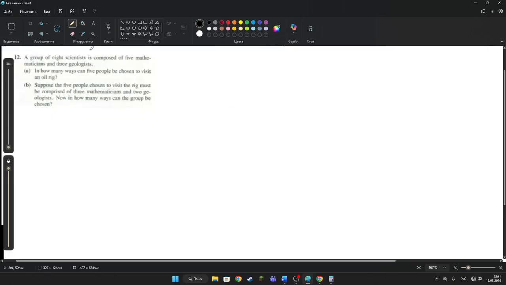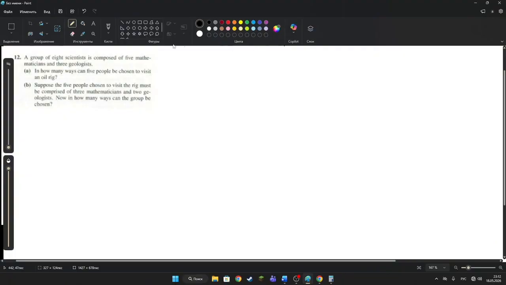So the last exercise. A group of 8 scientists is composed of 5 mathematicians and 3 geologists. In how many ways can 5 people be chosen to visit an oil rig?